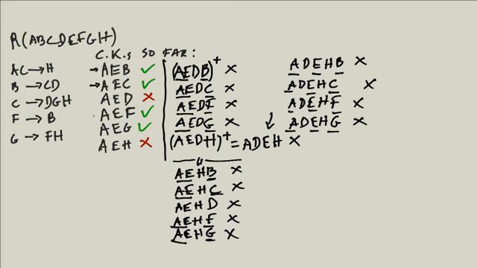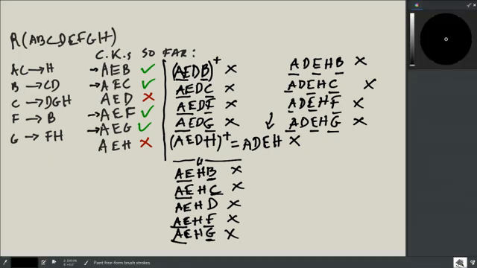are these. Okay? So if these are my candidate keys, it means that my prime attributes are A. Prime attributes are attributes that are part of a candidate key.